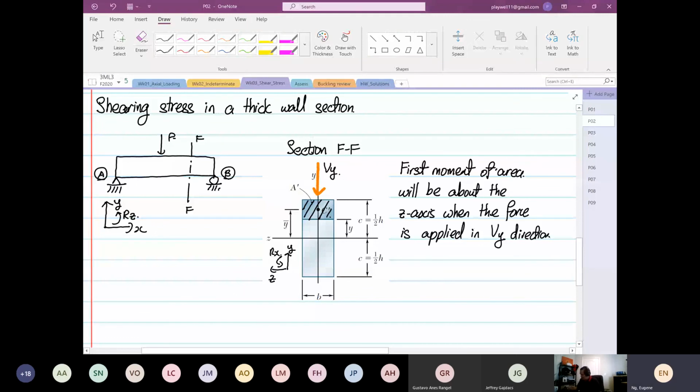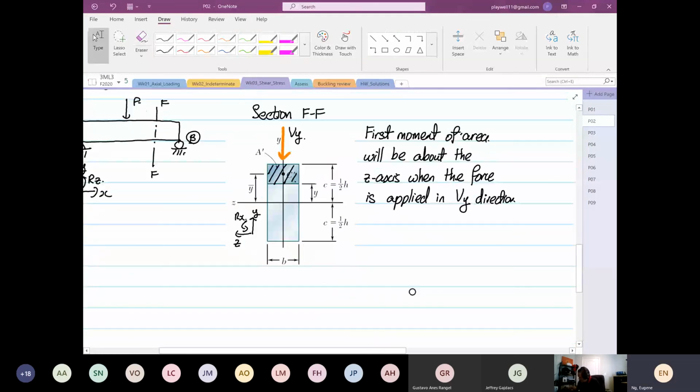Okay, so what does this mean? This means this axis over here is the axis that we are going to take the first moment of area about. So for this case, we have QZ.